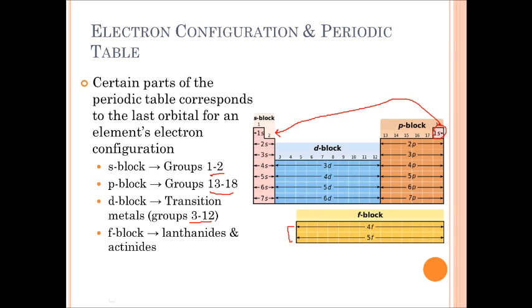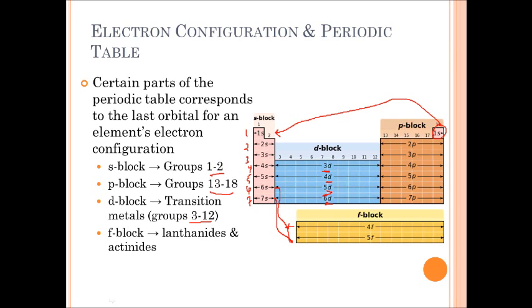Now, the other thing you'll notice is that if we were to write the period numbers, which are the rows, for the s and the p block, the energy level of each orbital corresponds to the row number. For the d block, it is 1 less, so even though you're in the 4th row, you start with 3d. And the f block, remember, that's actually pulled out.